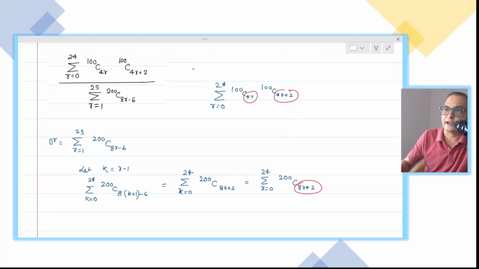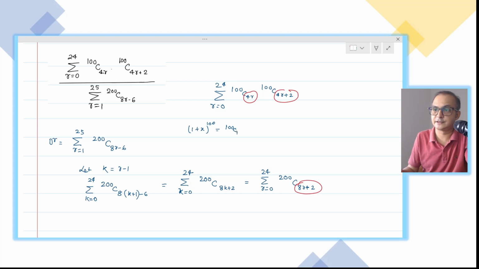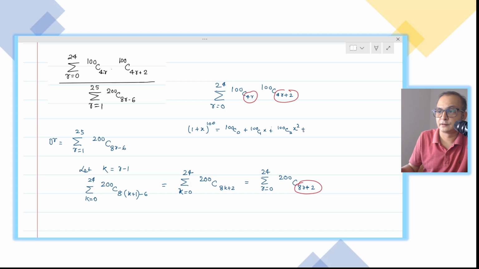The meaning is that when you're expanding 1 plus x to the power 100, you are getting there 100C0 plus 100C1x plus 100C2x square, 100C3x cube, and so on.